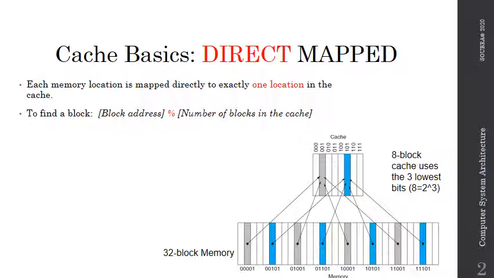By using the modulus operator, we are able to get the address within the cache of the block that we're looking for in the main memory. So using both the address in main memory and the size of the cache, we operate the modulus here in order to know the index, or the address for now, of that particular block within the cache.